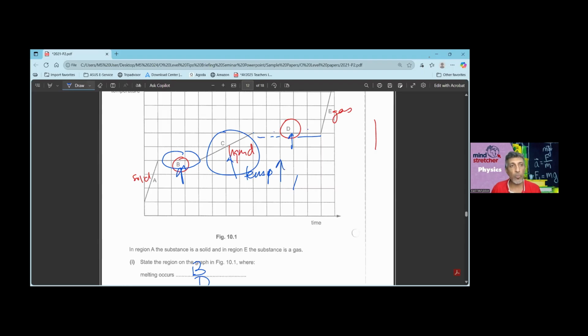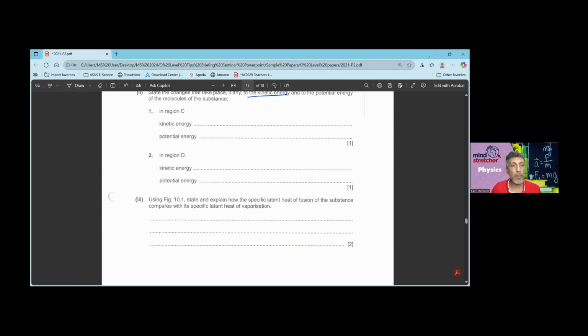Kinetic energy is directly proportional to temperature, so KE increases. But potential energy depends on the change of state, or how far the molecules are from each other, so because there's no change in state, it stays the same.